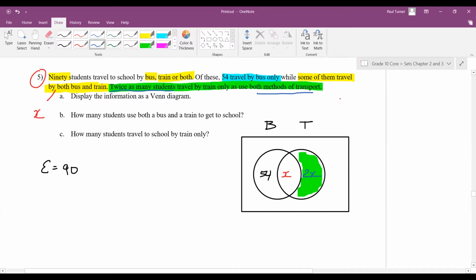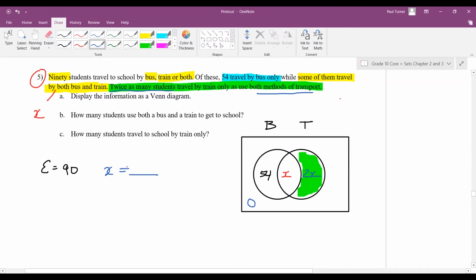So now, here it says there's none outside. Okay, so outside is 0. All right, so the number in the universe is 90. So you calculate X. Can you find X? Okay, calculate X next. What do you get? And the universe is 90.